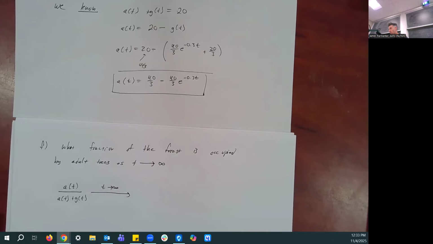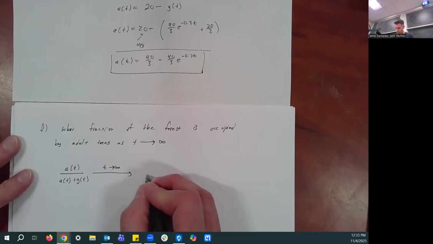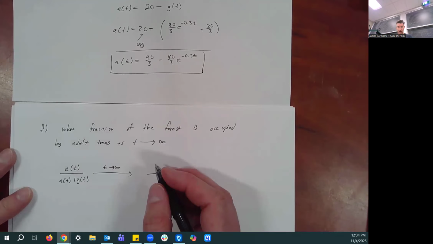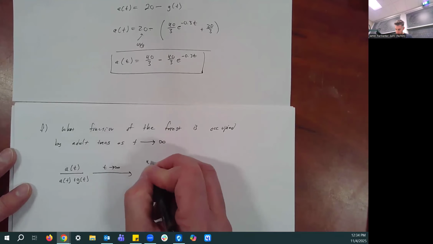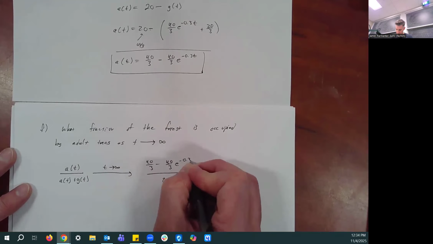Well, we're in kind of an easy situation here because we know what the bottom of this fraction is. The adult trees plus the gap is 20 acres. So our denominator starts off just being 20. And our numerator is just what A of t is equal to. So we've got our 40 thirds minus 40 thirds e to the negative 0.3 t.